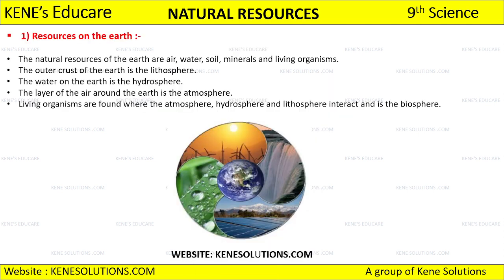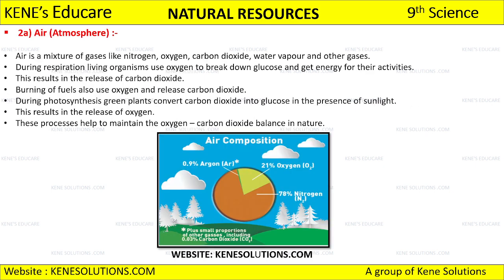The first thing that we are going to start with in the lesson is short, it won't take much time for us. The first thing we will discuss is resources on the planet, the different resources which are available on earth for us. Then under that, the first resource is air, which we also call atmosphere.